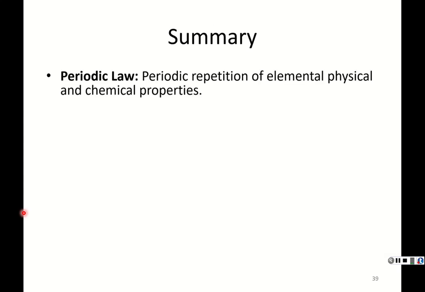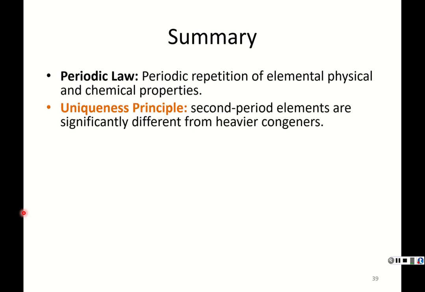So in summary, periodic law is the repetition of elemental physical and chemical properties. We have discussed those periodic trends that we reviewed from the first quarter of general chemistry, and those were things like atomic size, ionization energy, metallic character, and electronegativity, and they're all based on and can be explained by effective nuclear charge.